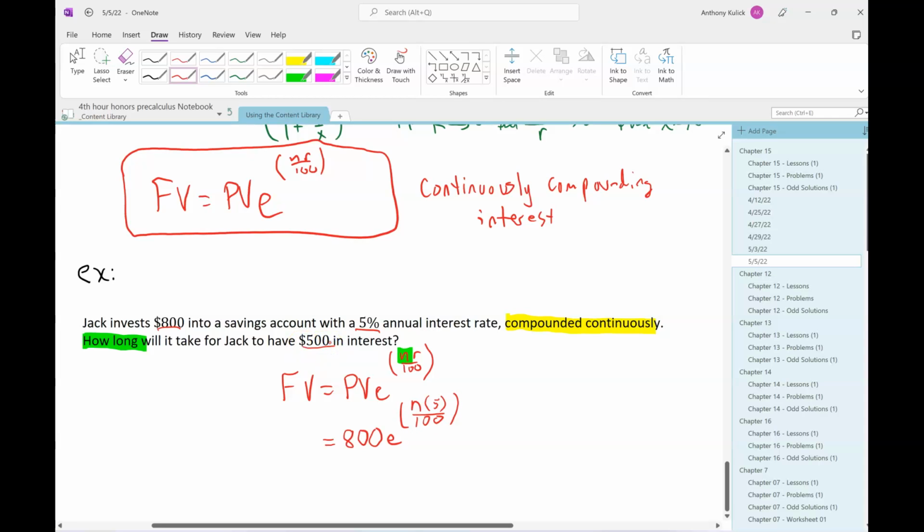And then what do I do with the 500? It is not the FV. The future value is going to be 800 plus 500, since it asks for when we will have earned $500 in interest. That's on top of our account value, which is the initial plus the interest.